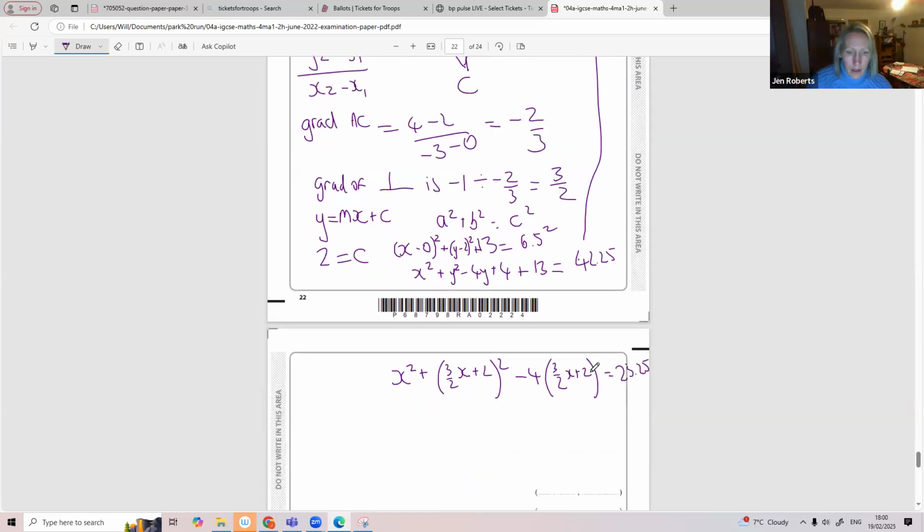Now, if I expand these brackets, 3/2x plus 2 times 3/2x plus 2, I'd have 9/4x squared. 2 times 3/2x would be 3x, plus 3x, plus 4, minus 6x, minus 8.